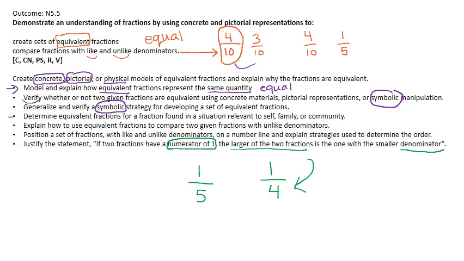So is that true? Is this a bigger piece of the pie? 1/4 versus 1/5. Well, the denominator is the thing that tells us how many pieces the pie is going to be split up into.